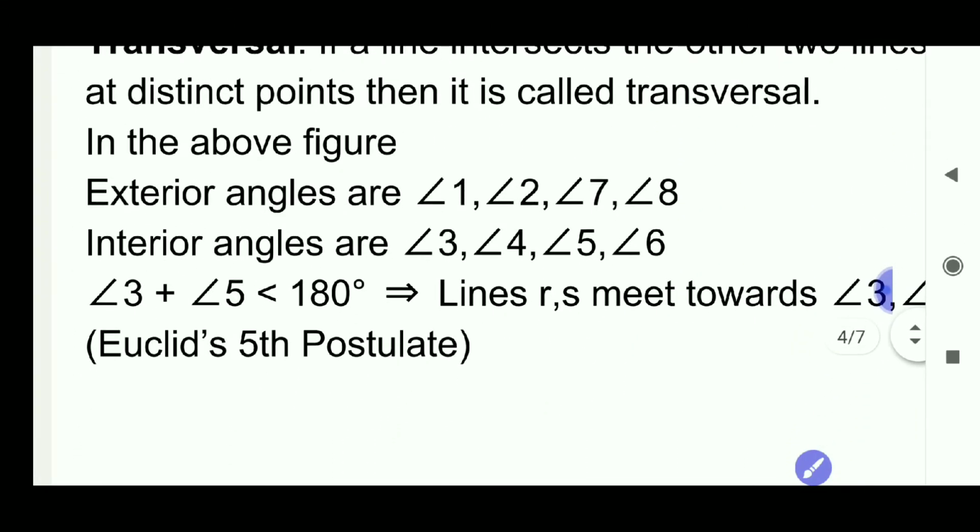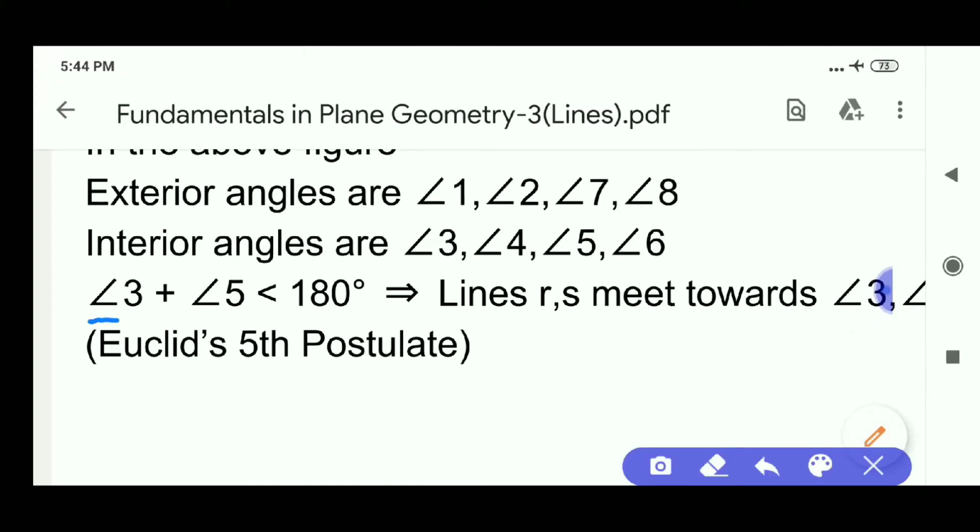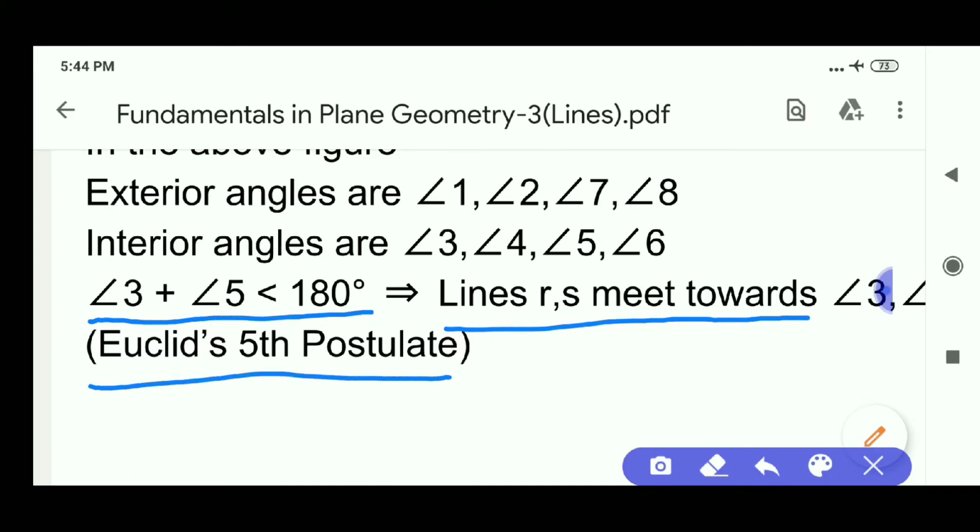Once again, angle 3 plus angle 5 is less than 180. That implies lines RS meet towards angle 3 and angle 5. This is also known as Euclid's fifth postulate. In our next video, we will discuss Euclid's postulates in detail.